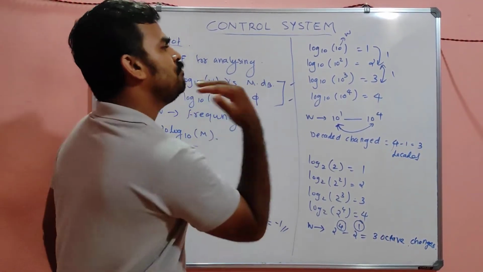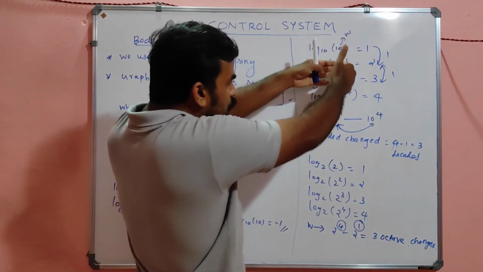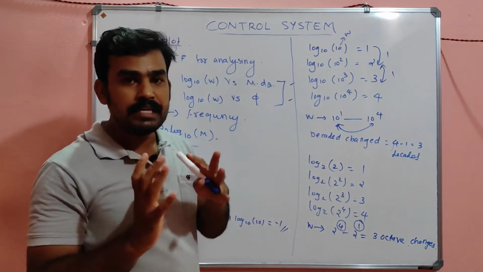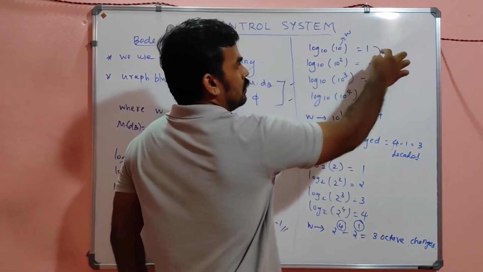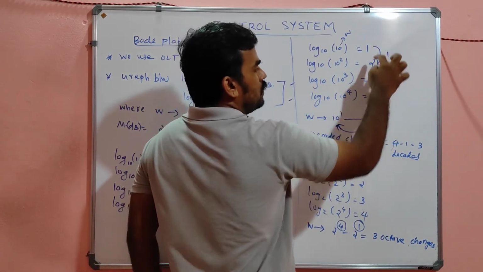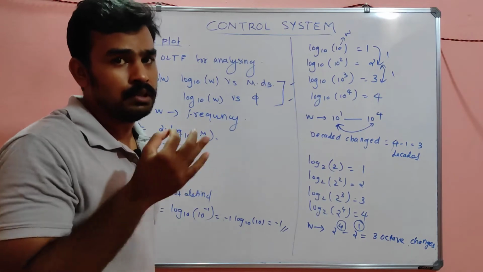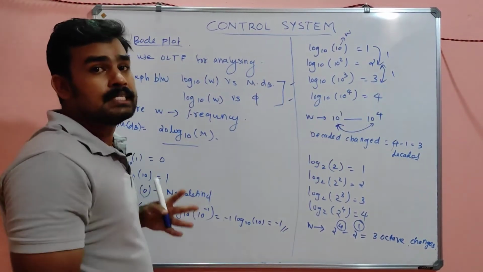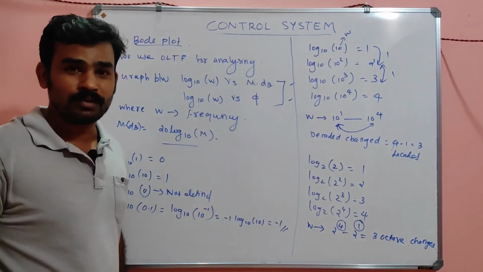And why are we going for log? A wide range of frequency can be accommodated in a very small scale, my dear. Now see, the scale will be 1 to 4 only, but in between that 1 to 4 you changed the frequency from 10 to 10 raised to 4.